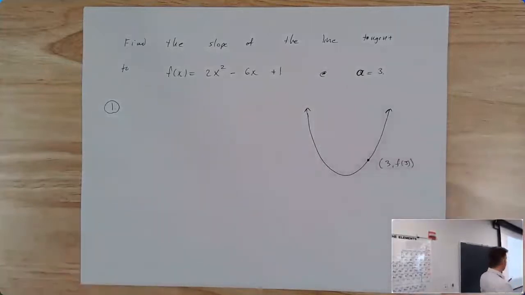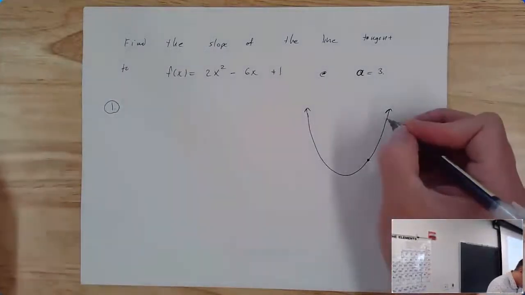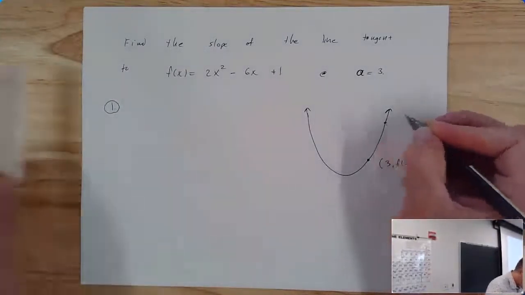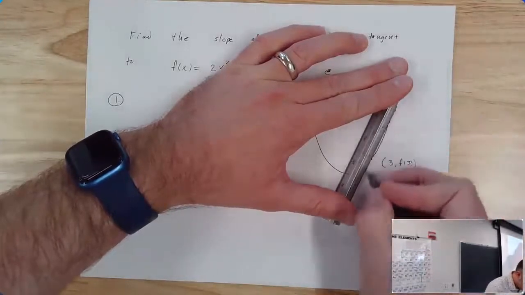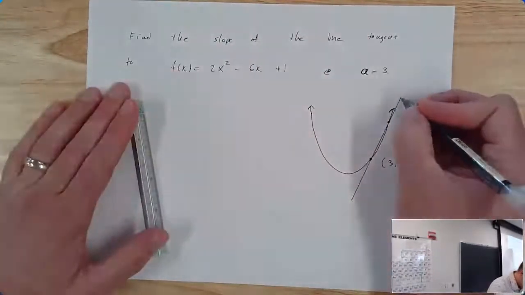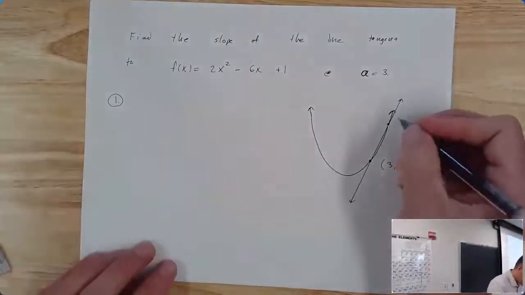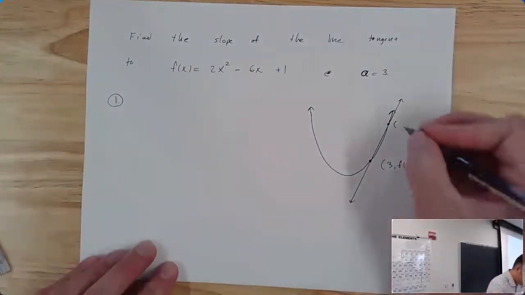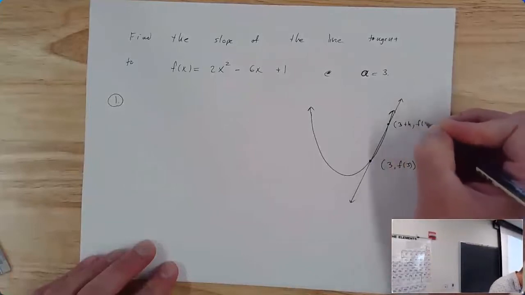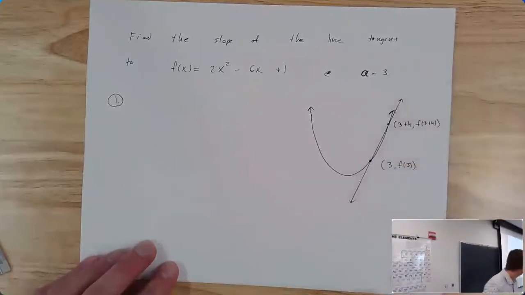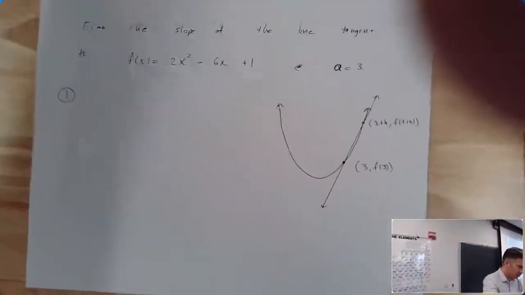And I can do the same thing I did before, meaning I can find the slope between this point and some other point h away. So the slope of this secant line is just the slope between this point and the point 3 plus h comma f of 3 plus h. You can see that well. Let's zoom in a little bit.